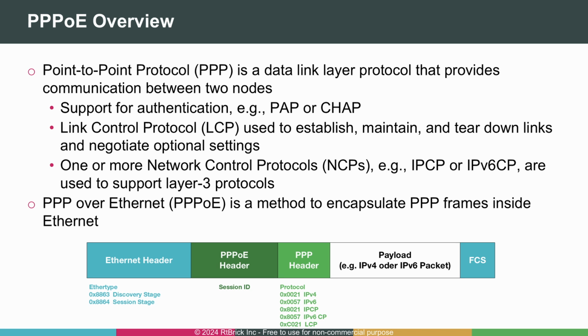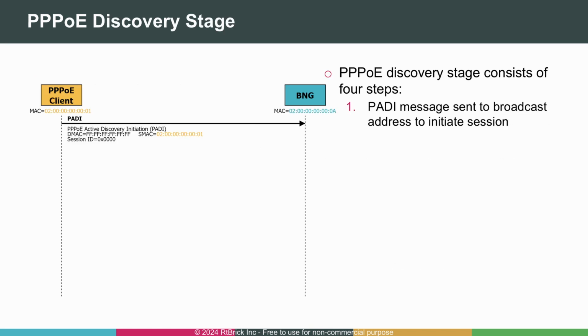The PPPoE header includes a code field that indicates the type of PPPoE packet, along with a 16-bit session ID field. During the PPP session stage, the PPP header that follows the PPPoE header primarily contains a protocol field, which specifies whether the packet is an LCP, IPCP, or IP data packet. Let's take a closer look at the PPPoE discovery stage.